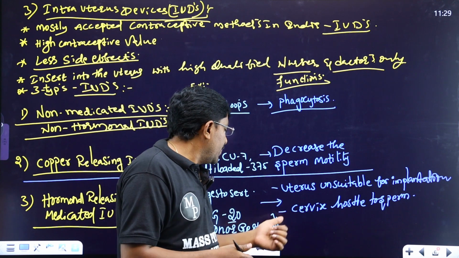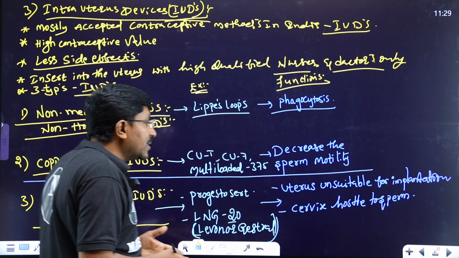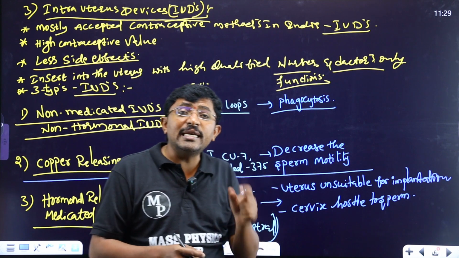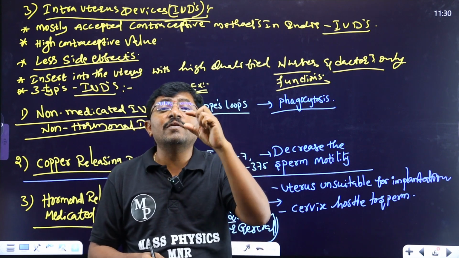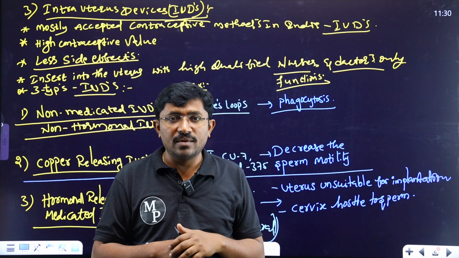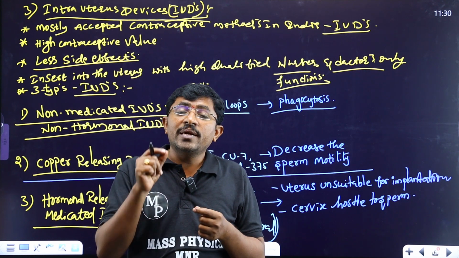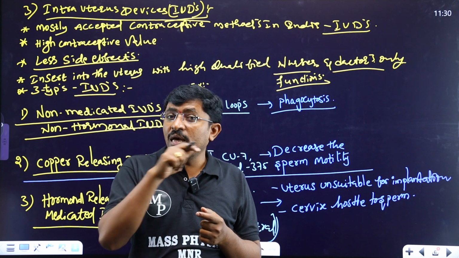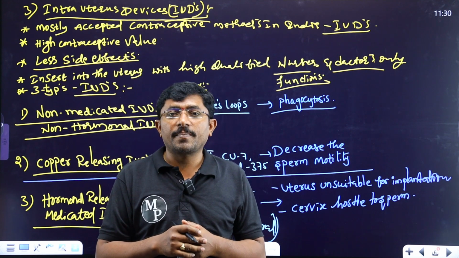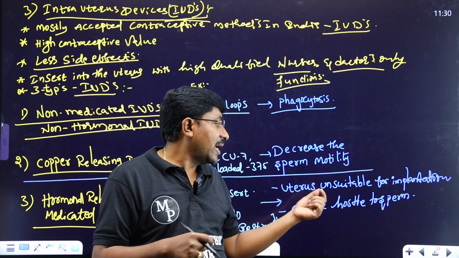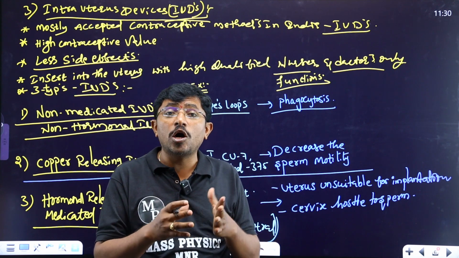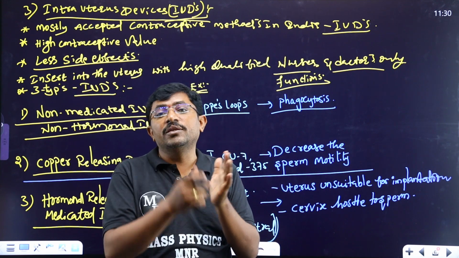See, these hormonal methods increase the thickness or roughness of the endometrium. By the presence of roughness on the endometrium lining, the sensitive embryo cannot be attracted by the uterus lining.